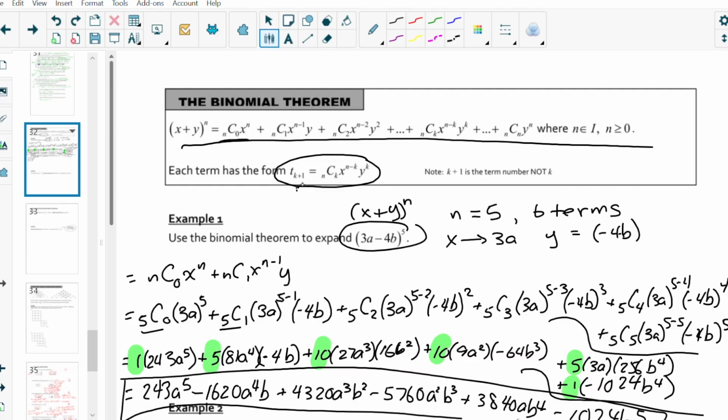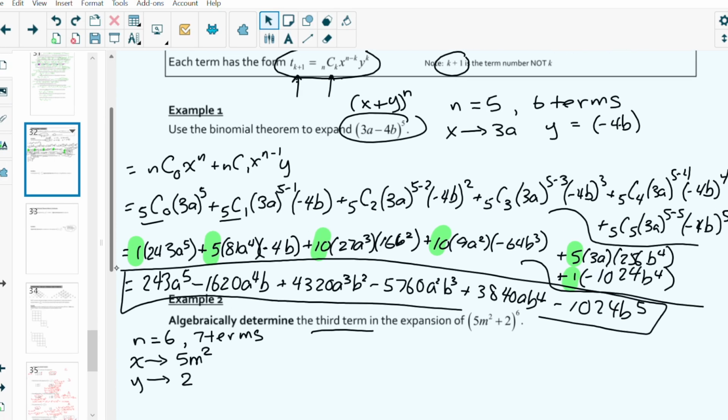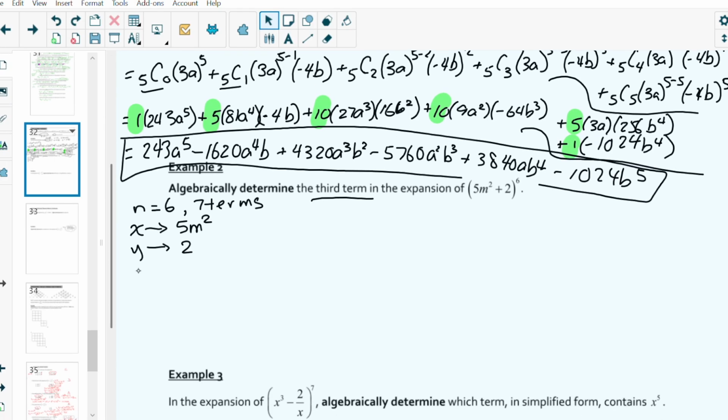In general, the single term is given by the formula t sub k plus 1 equals the combination of n things taken k at a time multiplied with x to the n minus k multiplied with y to the k. Important note here is that k plus 1 is the term number, not k. So if I go all the way back down here, k plus 1 is the term number.